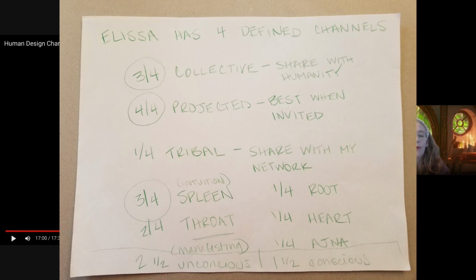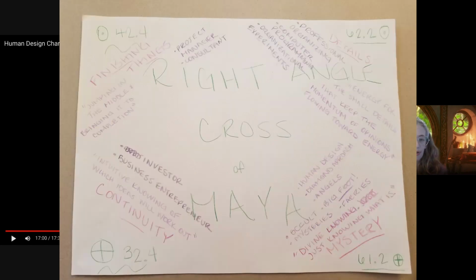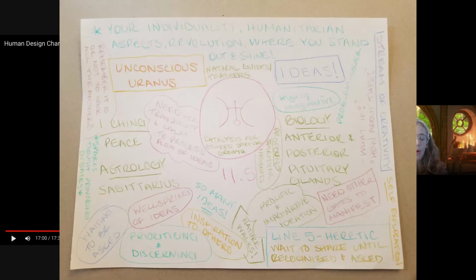And then we took a brief look at your incarnation cross and how that's created as a result of your most powerful planetary placements in your chart, your sun and earth placements on your conscious and unconscious side. And then we took a deep dive into each planetary orientation and the affiliated gate and line that you have for that and what that means for you in your chart.